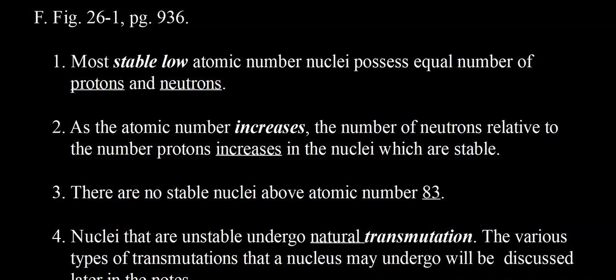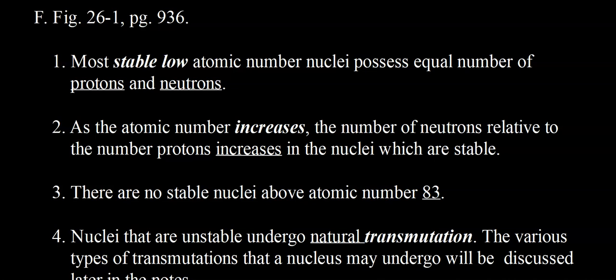We're going to talk about this neutron to proton ratio. For light nuclei, which is a relative term, those that have 20 or so protons in their nucleus will have a 1-to-1 ratio of neutrons to protons. As atomic number increases, so does that neutron to proton ratio.